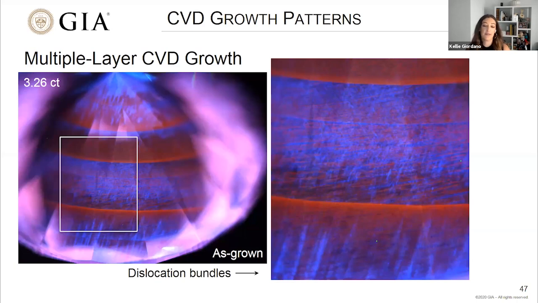Can we differentiate between CVD and natural using some of the techniques that you talked about today? Can we use just an understanding of phosphorescence or photoluminescence to determine if it's CVD with confidence?